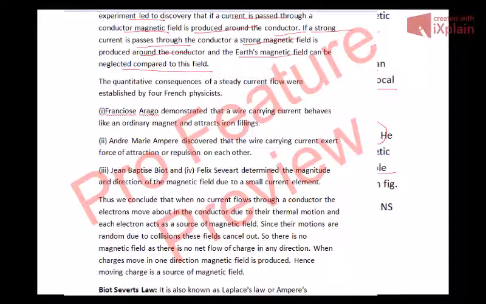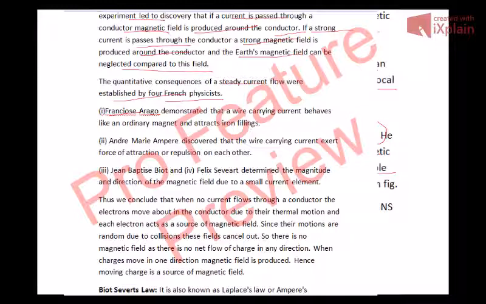The quantitative consequences of a steady current flow were established by four French physicists. First, it was Francois Arago, then André Marie Ampère, and then Jean Baptiste Biot and Felix Savart. What did they do?